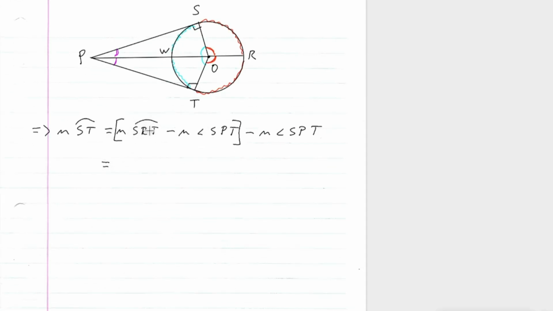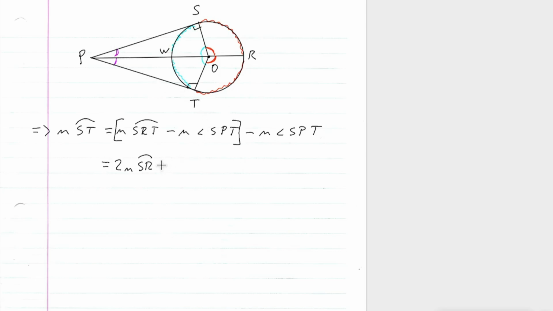So SRT, since arc SR is congruent to arc RT, I know that 2 SRs create SRT, right? So I can rewrite SRT as 2 measure of arc SR. And for SPT, I know SPT is made up of 2 SPRs, right? Notice that since this angle is congruent to this angle, 2 of this angle would create this whole angle SPT.